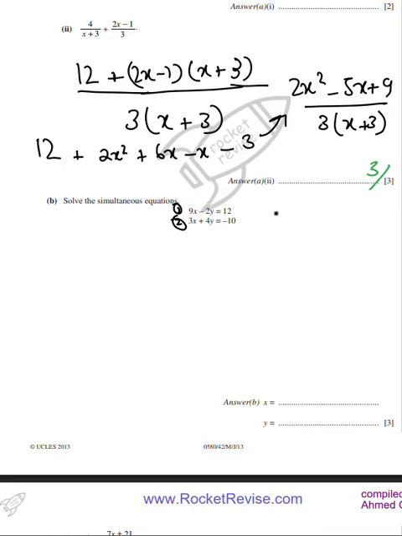Let's multiply equation 1 by 4. Okay? This gives us 36x minus 8y equals 48. We'll write down the other equation below. 3x plus 4y. Oh no, let's not multiply it by 4. I just mistook it.